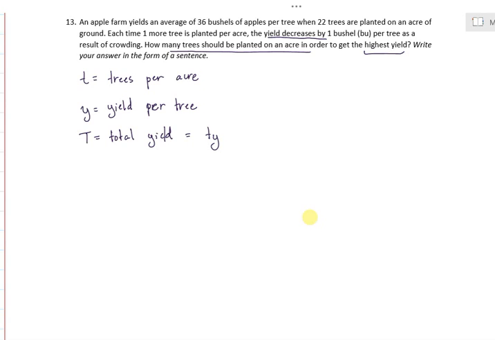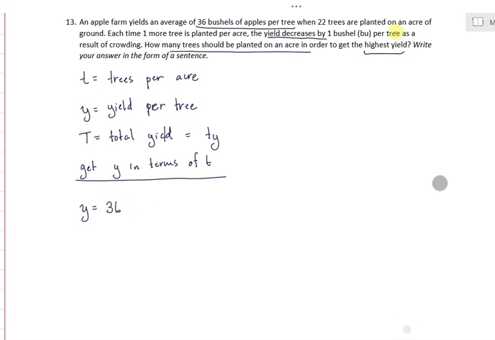Okay, so now the trick is getting y in terms of t. So it starts off by telling me this. I get 36 bushels of apples per tree as sort of my baseline.